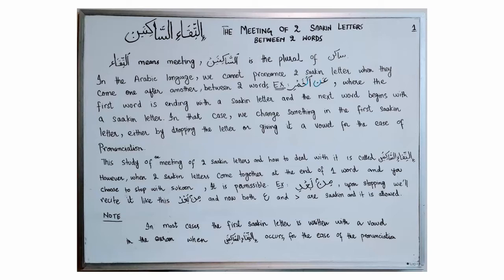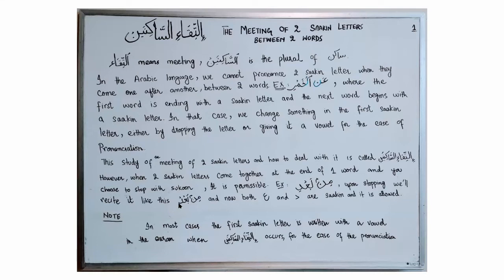However, when two sakin letters come together at the end of one word and you choose to stop with a sukoon, then it is permissible. If you see in this example, "min ba'di", and if I'm choosing to stop at letter dal with the sukoon, I will recite it like this: "min ba'd".